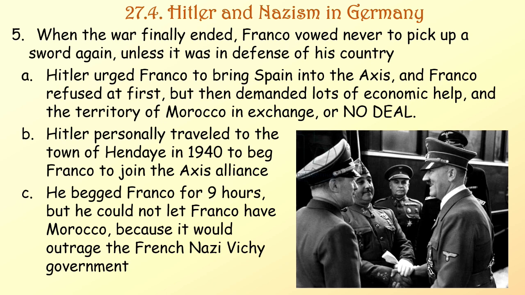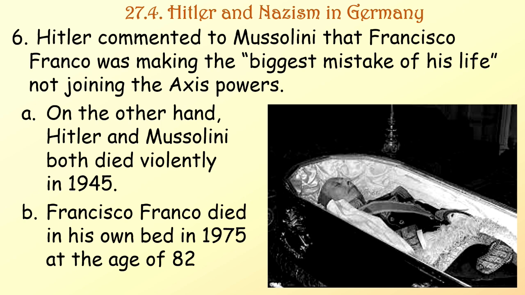He begged Franco for 9 hours, but he could not let Franco have Morocco because it would outrage the French Nazi Vichy government. Hitler commented to Mussolini that Francisco Franco was making, quote, the biggest mistake of his life, not joining the Axis powers. On the other hand, Hitler and Mussolini both died violently in 1945, whereas Francisco Franco died in his own bed in 1975 at the age of 82.